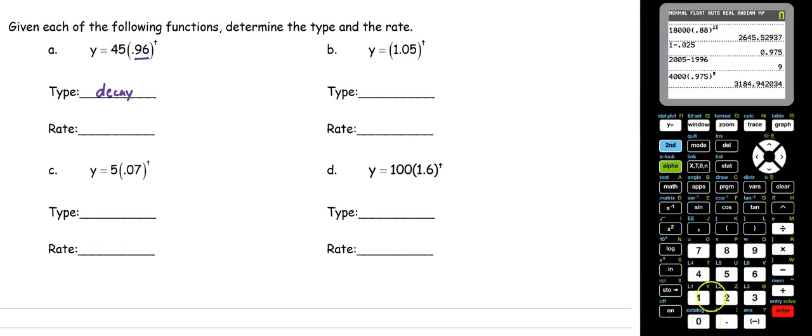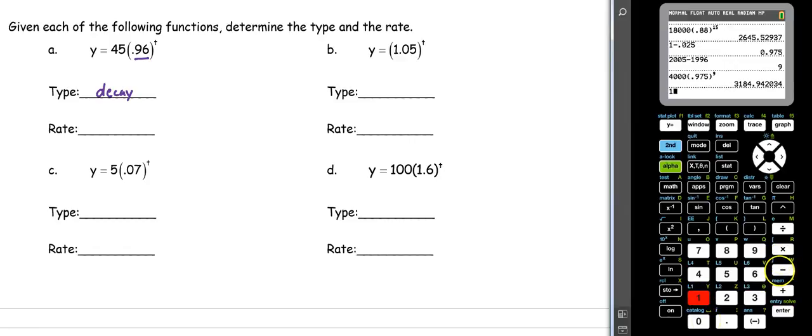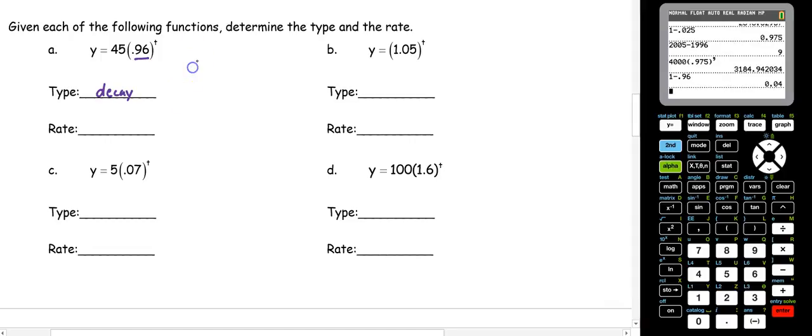So if it's less than 1, I'm going to subtract to figure out what my rate was. So 1 minus 0.96 is 0.04. So 0.04 as a rate, I'm going to move my decimal place over to the right 2 places. So this is 4%. So my rate would be 4%.